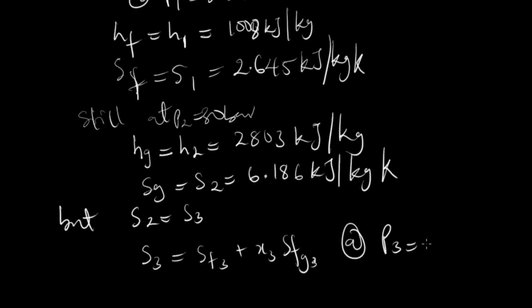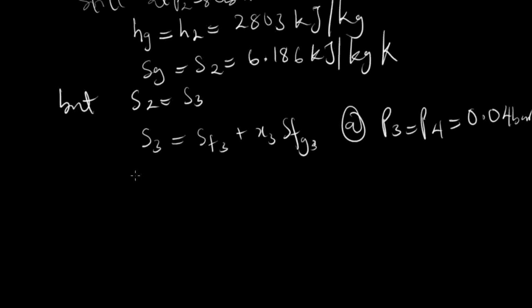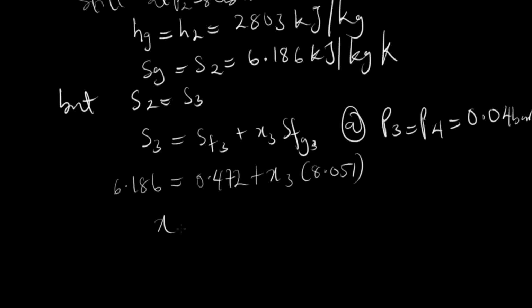So at P3, which is equal to P4, which is 0.04 bar, you pick the value of sf and sfg. But you know that s2 is equal to s3, I found it. So this will give us 0.472 plus x3 into 8.051. So subtracting and dividing, we have 6.186 minus 0.472 all over 8.051.